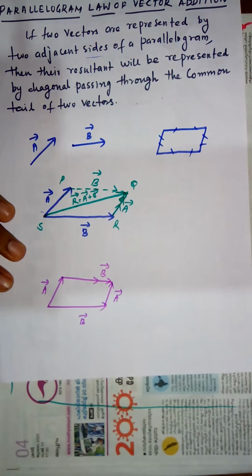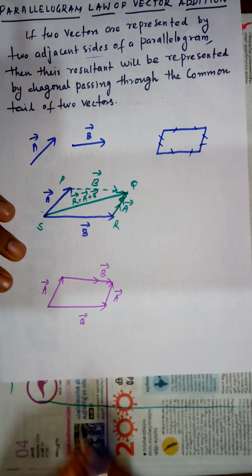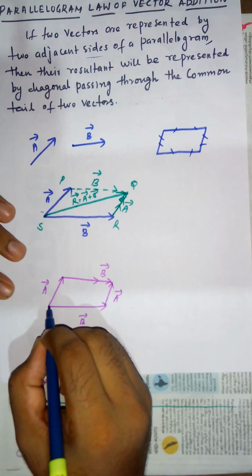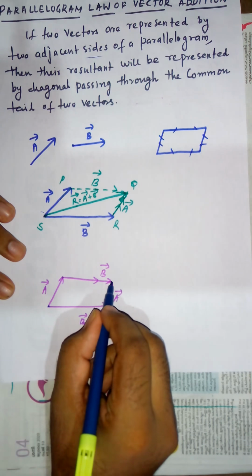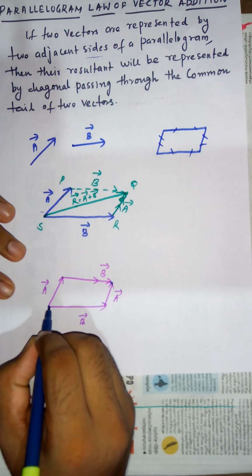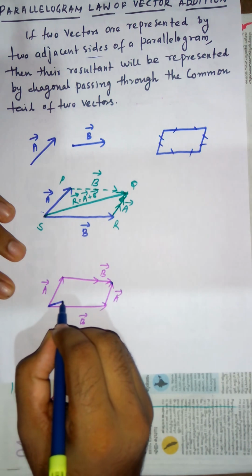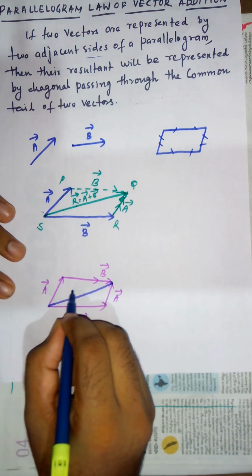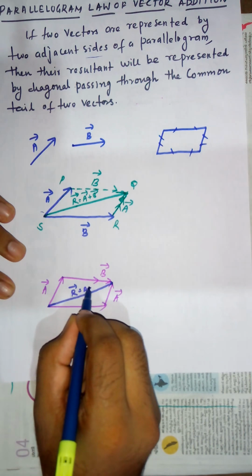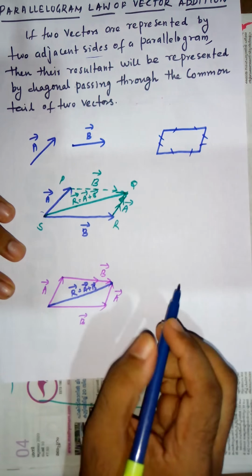So I told you that the diagonal is drawn from the common tail, where the tails are meeting here. So this is providing us the resultant A plus B, okay, A plus B.